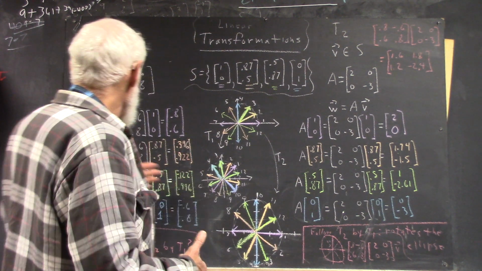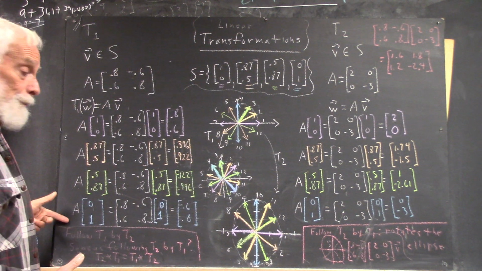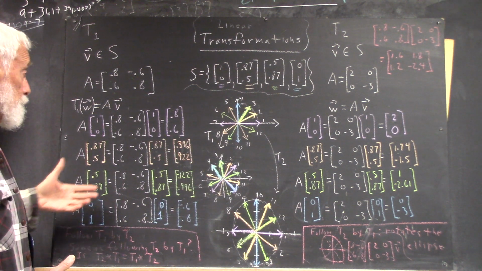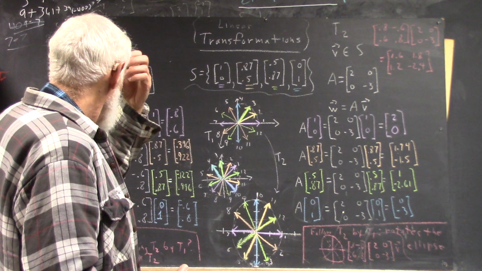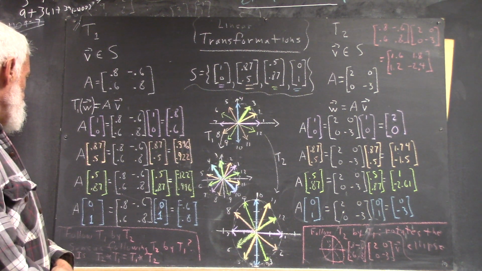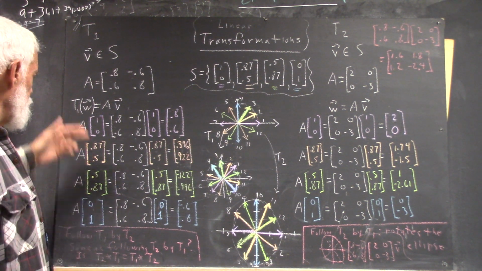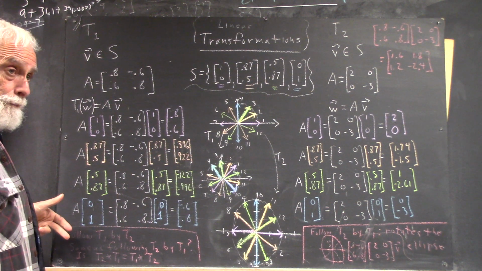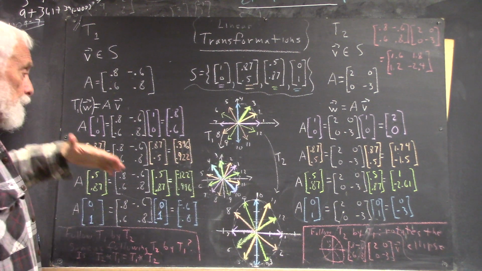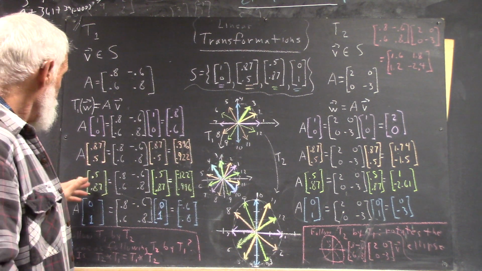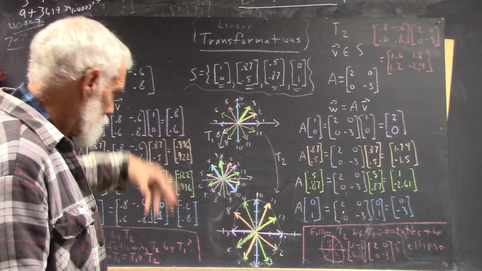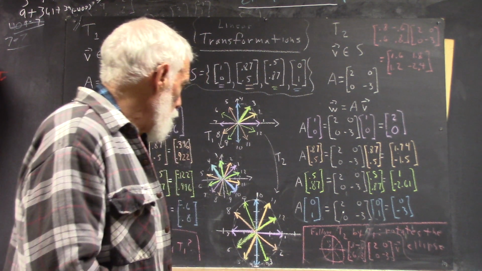And all this is just based on what happens to these unit vectors. And these are equally spaced unit vectors. Okay? You know, this vector is on the x-axis, this vector is at 30 degrees, this vector is at 60 degrees, this vector is at 90 degrees. Okay, just to remind you of the picture.